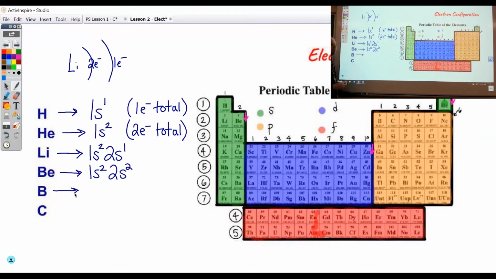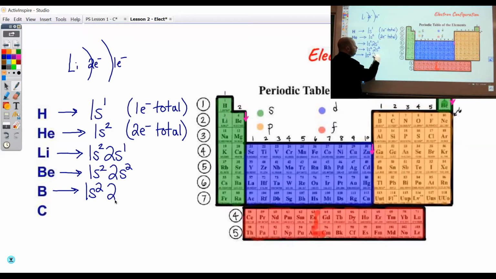Let's take a look at boron. Again, we're going to start here. It's like typing on a word processor. You go all the way across, then you hit enter and go down to the next level. So we're going to go all the way across. When we hit this pink arrow here, we're going to write 1s2. Now we're going to start on the second energy level. We're going to go across. We hit another pink arrow. So we're going to write this down.